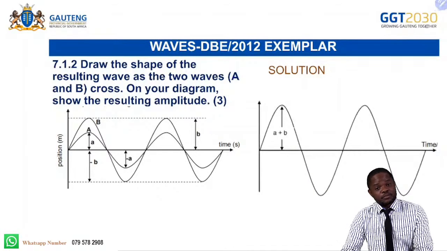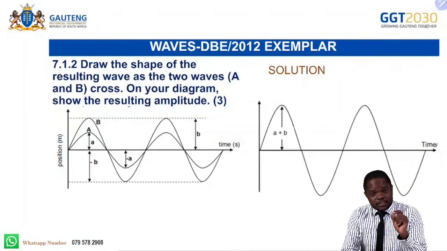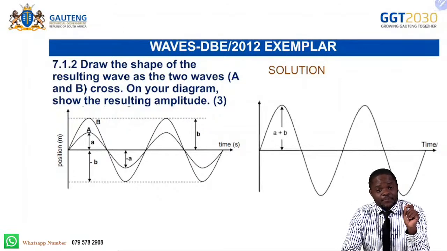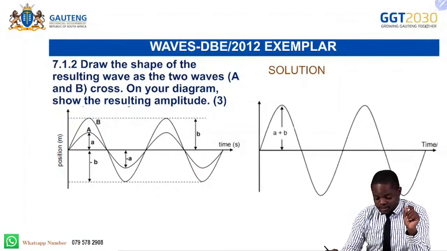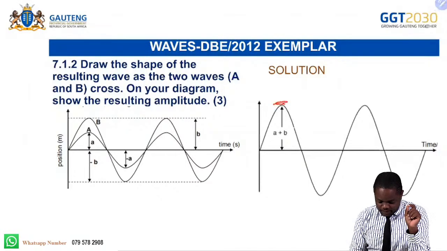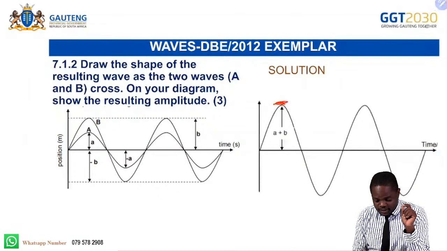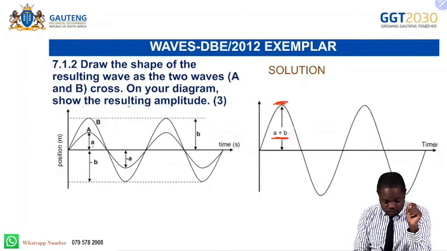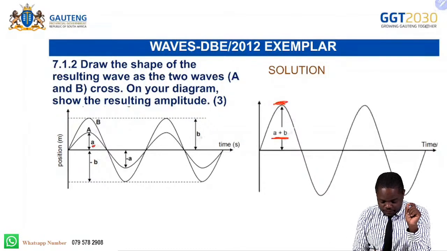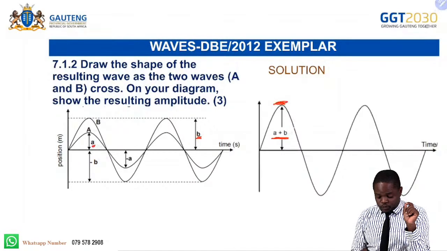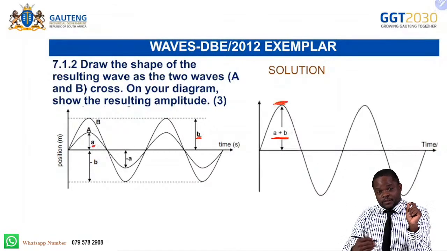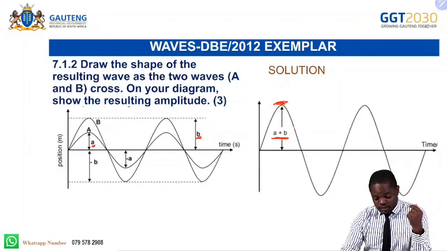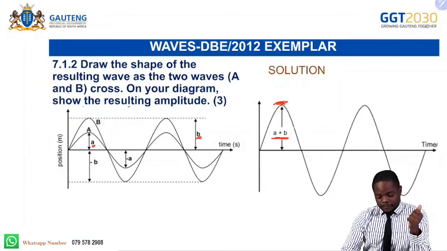And what does the principle state? Remember that our principle states that the resultant amplitude that we have there is the sum of the two amplitudes. So we've got the amplitude of A and the amplitude of B. So what we have as a resultant there is the sum of the two. So you're using the principle of superposition.